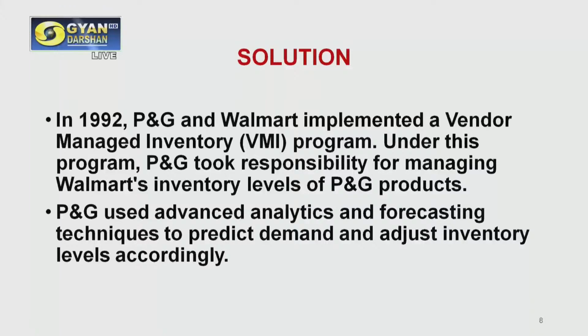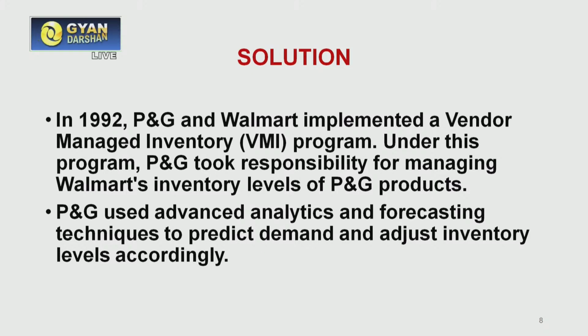What they have done, they held several meetings, and then decided that Procter and Gamble, being a vendor, will manage the inventory at the retail stores of Walmart. So he took the responsibility.